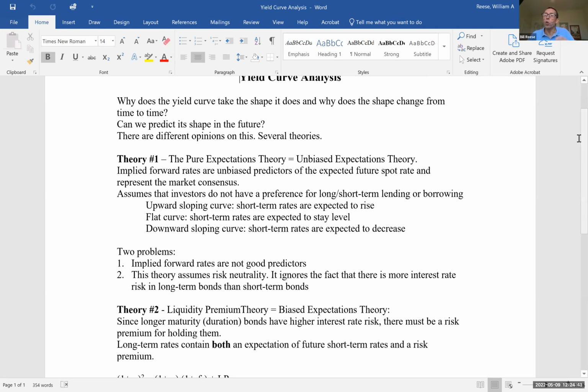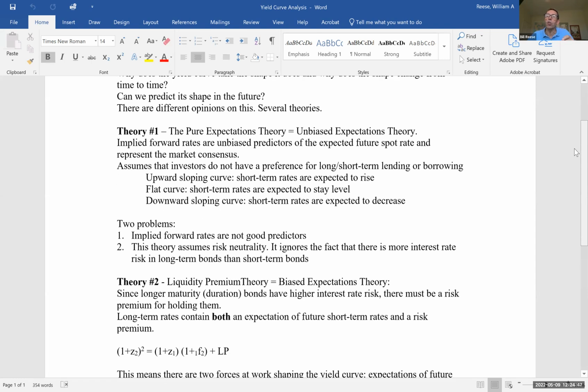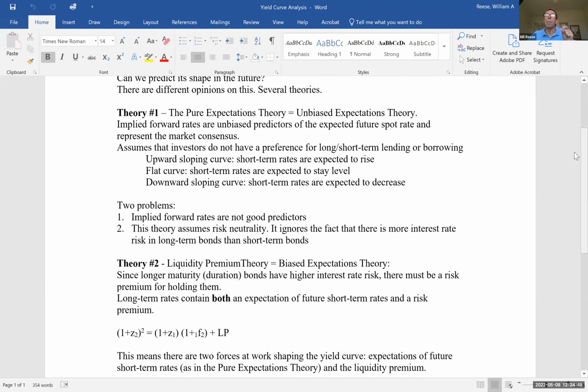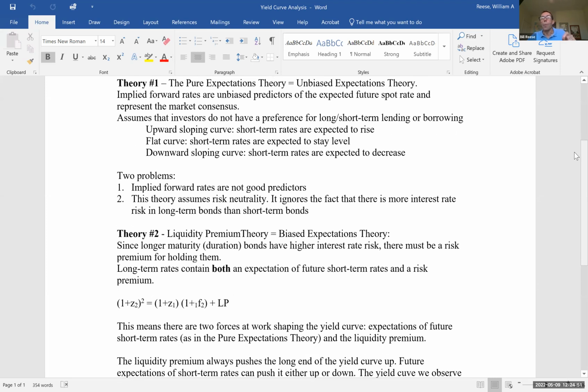Theory number two starts with the pure expectations theory. It says, let's start with this idea that implied forward rates are predictors of expected future spot rates, but they're not unbiased predictors. There is also built in something that we call a liquidity premium. And by the way, theory number two, some people call it the biased expectations theory, some people call it the liquidity premium theory.